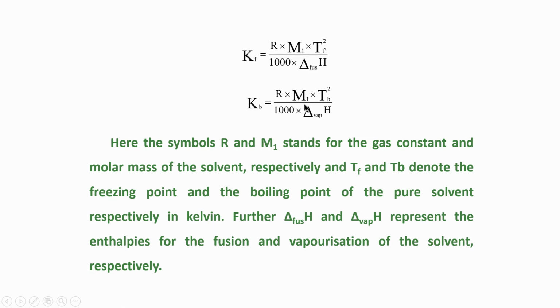Further, delta H fusion is the change in the enthalpy of fusion, and when we talk about the boiling point, it is delta H vaporization, the enthalpy of vaporization. So, the enthalpies of fusion and vaporization and the temperature, these two equations will tell us exactly what is the problem.